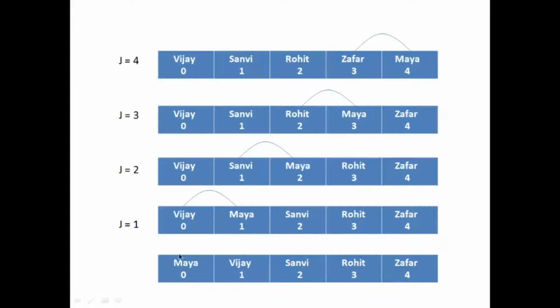That's the mechanism. Now similarly, the second iteration is going to run, which is going to be i equals 1, and in that iteration, the list at the end here is going to be the input, and j equals 4, 3, 2, 1, everything is going to run once again. At the end of the second iteration, the second place will be occupied by the second smallest letter.